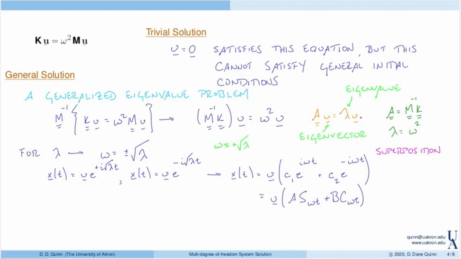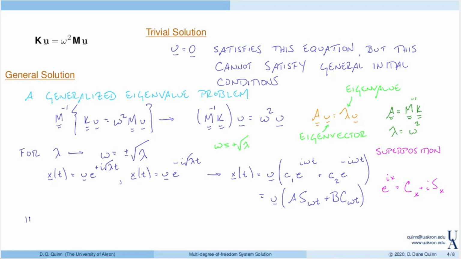Here we make use of Euler's identity, which was e to the ix is cosine x plus i sine x. Essentially, these two constants have to be complex conjugates of one another. So if that's the case, then we recover a real valued solution here.